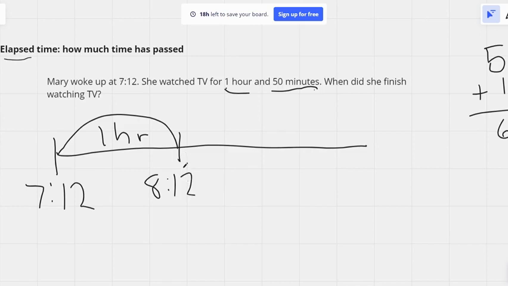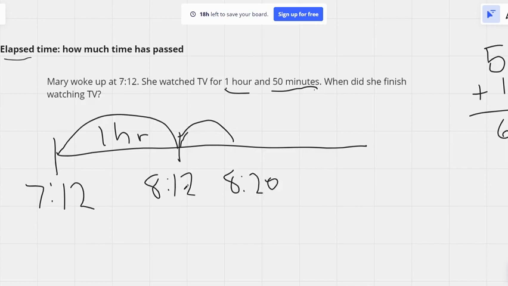I think it's a little easier to add if it's a multiple of 10. So what I'm going to do is go up here to 8:20, because then it'll be easier for me to add it up.